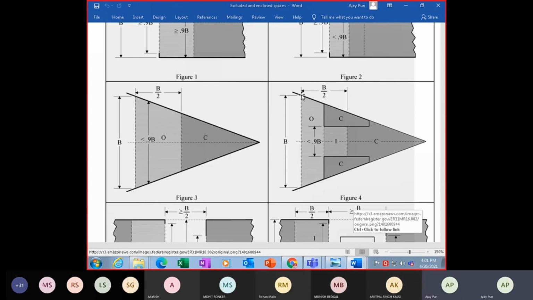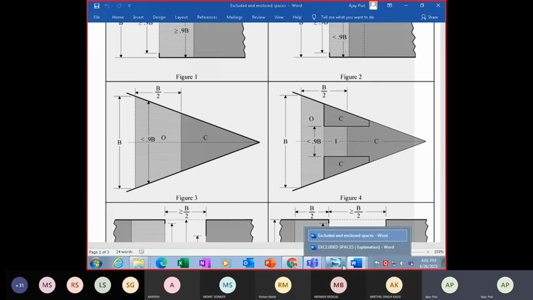So if you draw a line parallel to this, this section will not be taken into calculation. Only this area will be taken into calculation. These two areas will be taken into calculation. That is figure number 4.